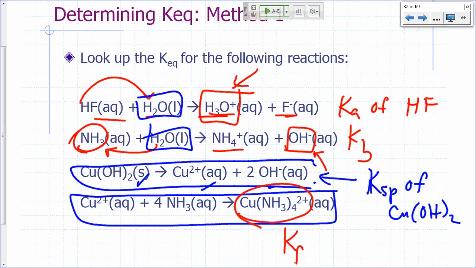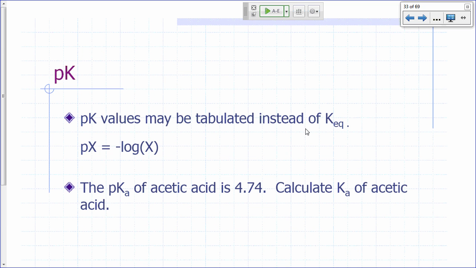The Kf, the formation constant of the complex ion. So you need to know what type of equilibrium constant you're dealing with. Otherwise it would be an easy thing to just look it up.